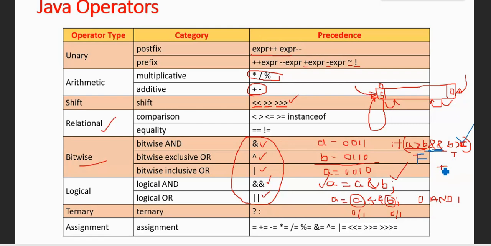So for that reason, whenever we write this logical operator AND or OR, we call it a short. It means if the first expression itself is false, automatically it won't perform the rest. It's a shortcut, that means it will terminate there itself, even if the remaining condition is false. Same thing with the OR operation: if the first condition is true, it won't perform the next part.